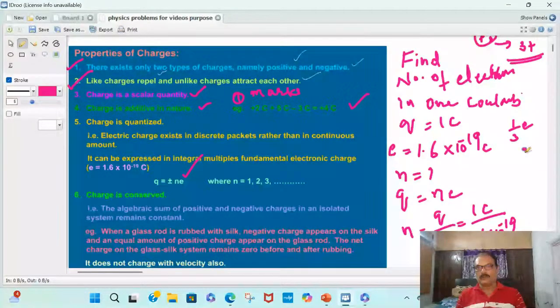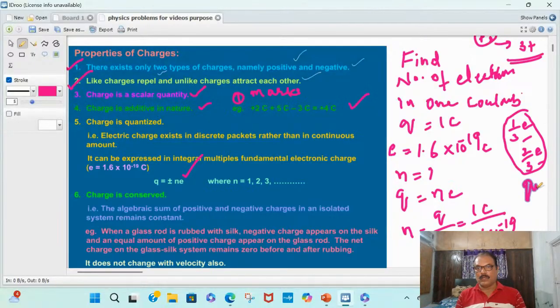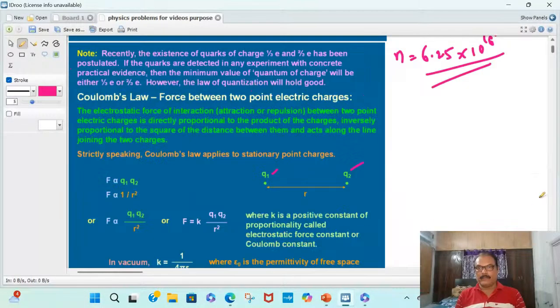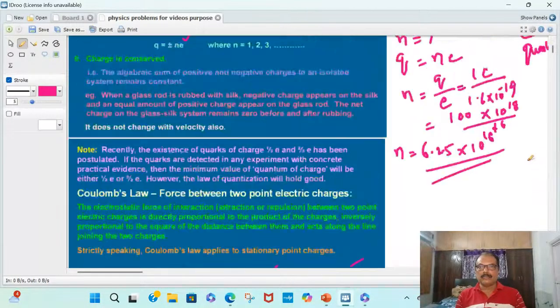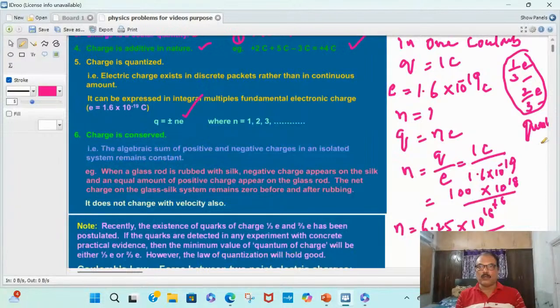This is what you get by breaking an electron or proton into fragments; each will have this type of charge. These quarks generally exist for a short time. That is why the smallest charge always taken is 1.6 into 10 to the power of minus 19 coulombs. The next one is quantization of charge.